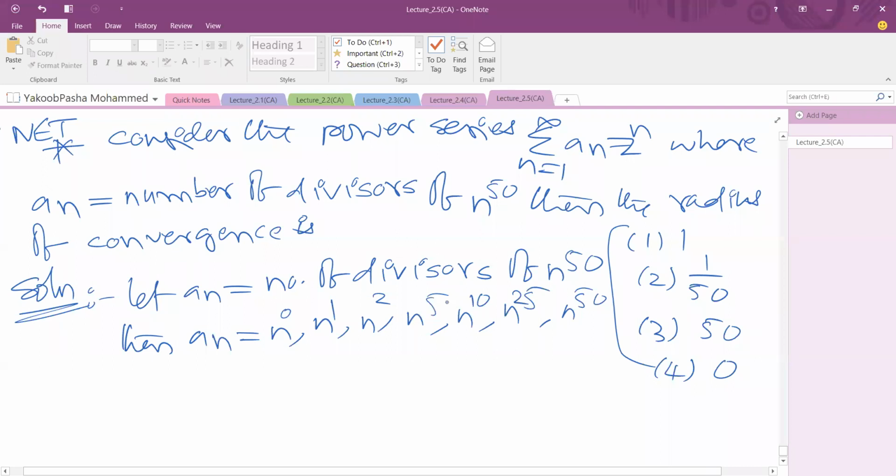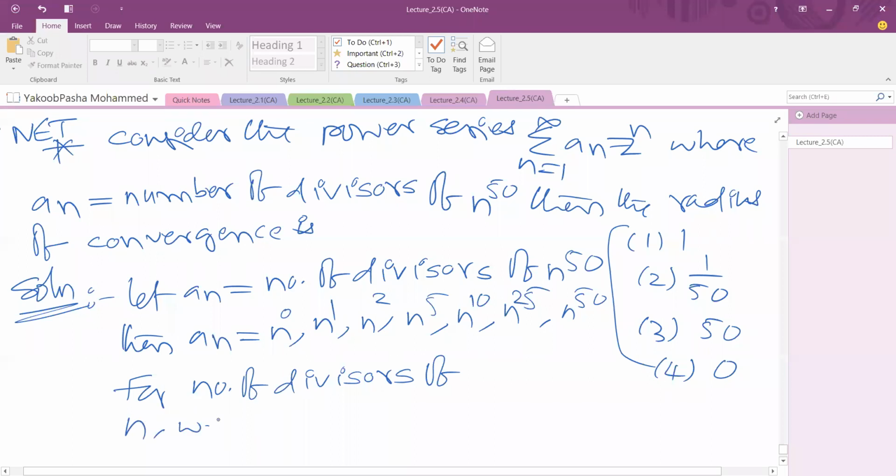We have a formula. I'm writing the formula for the number of divisors of n.